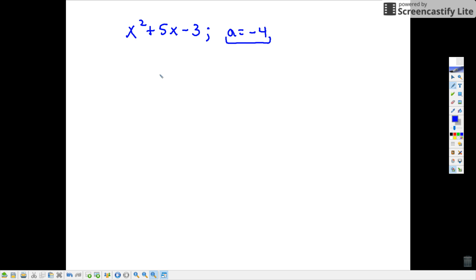This a is going to represent the number you put in the box. Okay, so you'll just put negative 4 in the box. And then I want you to go ahead and do synthetic division like normal. So throughout the whole worksheet, regardless of what the directions say, just go ahead and do synthetic division for me.